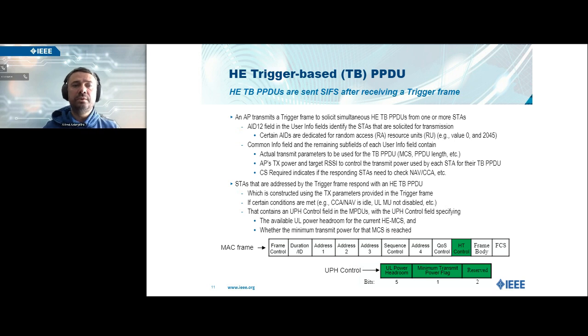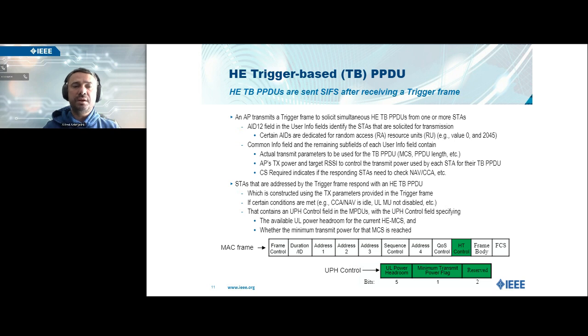And every time that the station generates this HE trigger-based PPDU, it is required to include in the MPDUs contained in the TB-PPDU an uplink power headroom control field, which essentially contains the available uplink power headroom for the current HE MCS and whether the minimum transmit power for that MCS is reached.